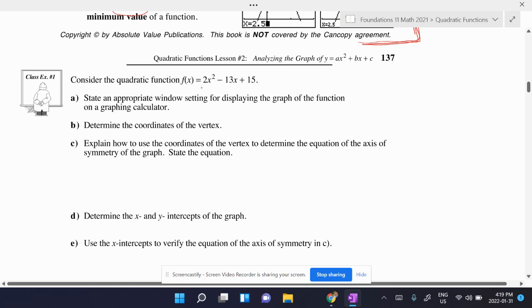If I was looking at this, I want to get up to 15 at some point.